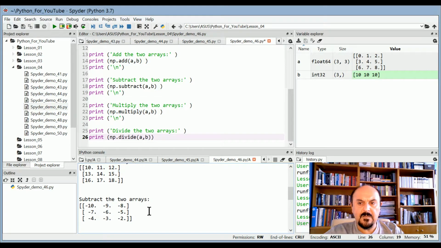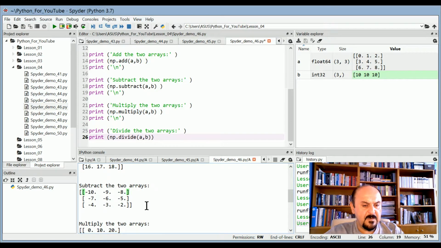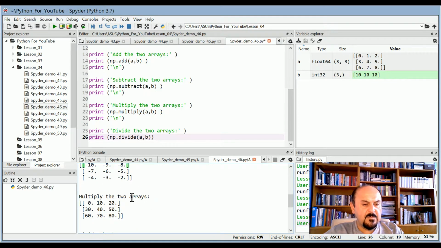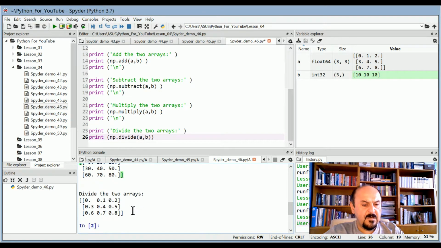Okay, that becomes minus values, and multiply this. You can see here it's multiplied by 10, so it will contain the tens times, folds of tens, and this is the division. After division, you will get a new array.